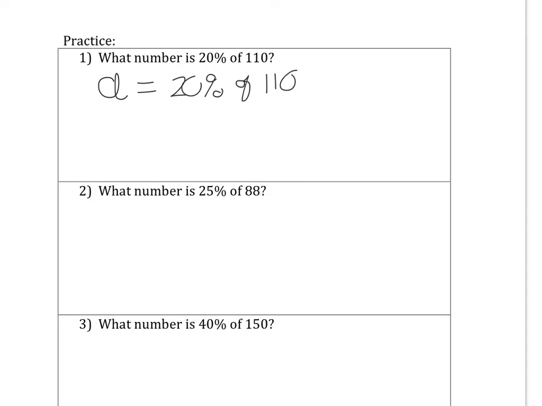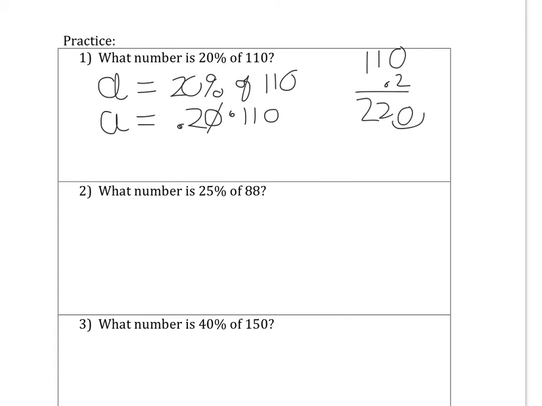So in order to do it, all I need to do is change 20% to the decimal 0.20, multiply it by 110. So I can just multiply 110 by 0.2, and move the decimal, I get my answer is the number 22. 22 would be 20% of 110.